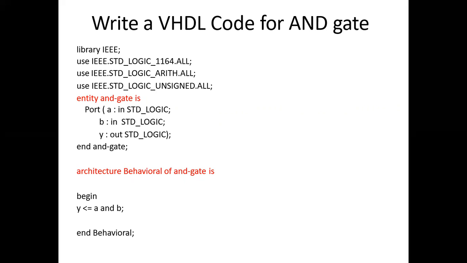Architecture behavior of AND gate is begin, Y less than or equal to A and B. That is, AND of A and B will be stored to Y. This is the end of the behavioral model.